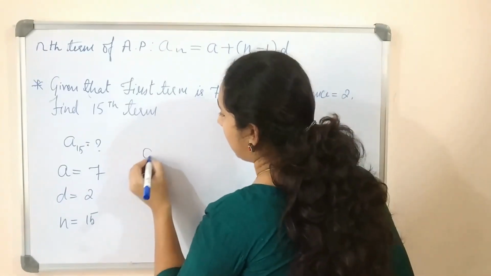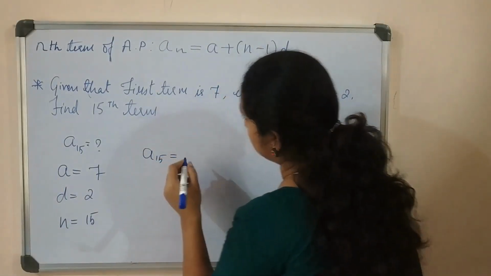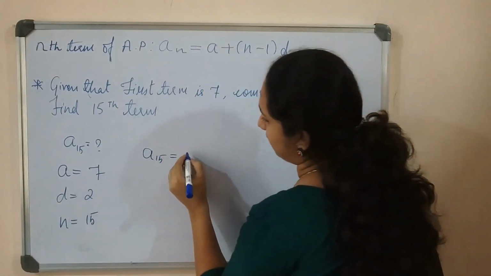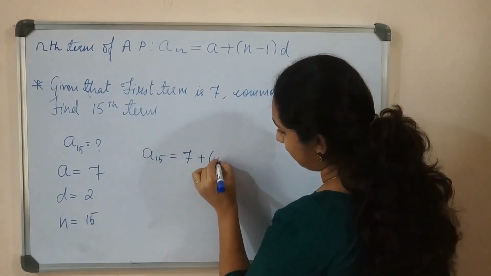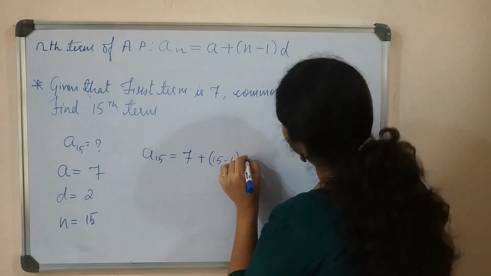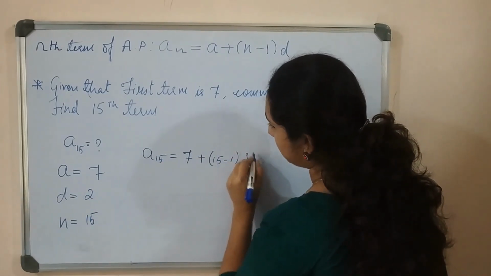So A15 is equal to, what is A? A is 7, plus n is 15, so 15 minus 1, into D, which is 2.